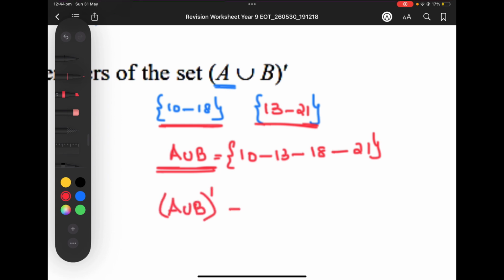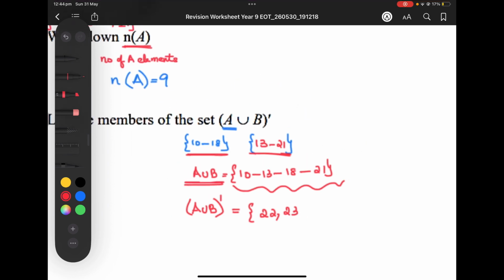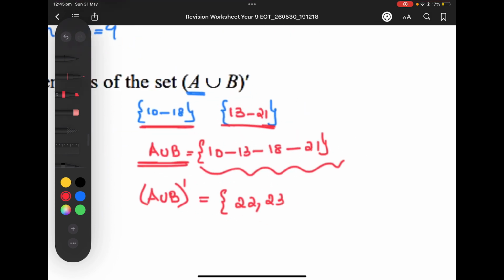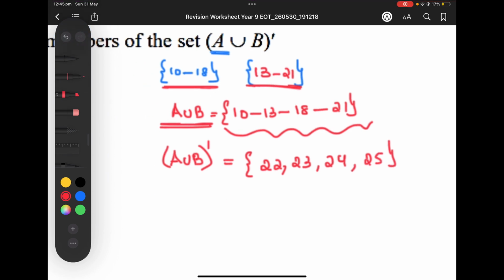That means you have to leave all of these, and whatever is remaining you have to write. So what is remaining? 22, 23, 24, 25. These are the terms of the complement. Complement means you leave the terms that are there, and the remaining terms are what you write. Understand?